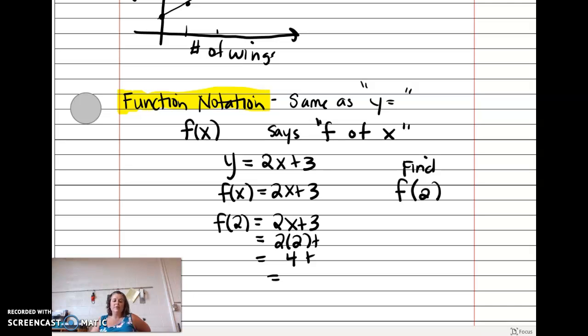All right, so it's 2x plus 3, so we're evaluating that 2 times 2 plus 3. So that gives me 4 plus 3, which gives me 7. So ultimately, f of 2, the function evaluated when x is 2, is 7. It's just a shorthand way of writing evaluate this expression when x is 2.